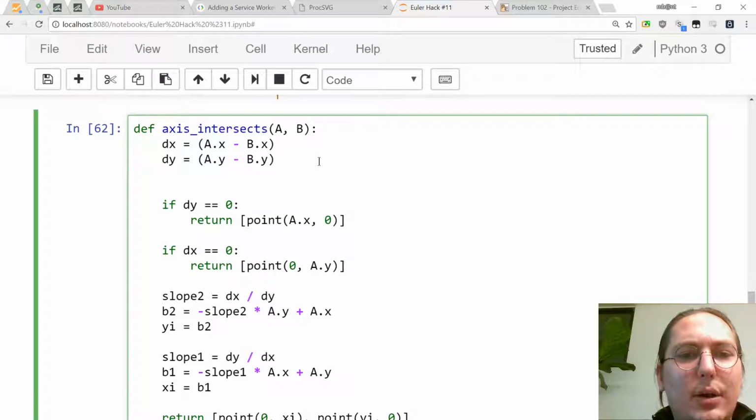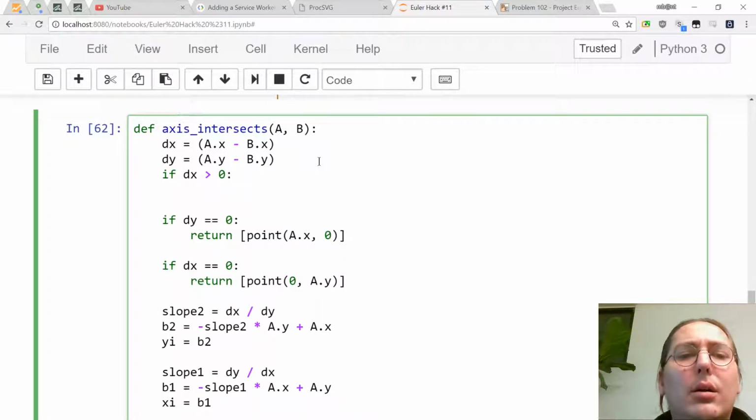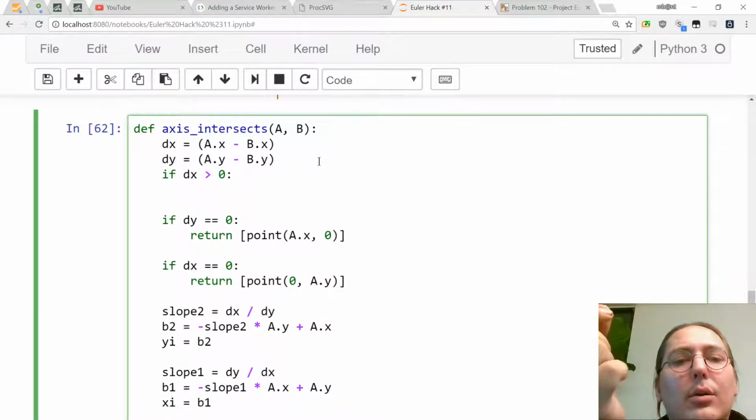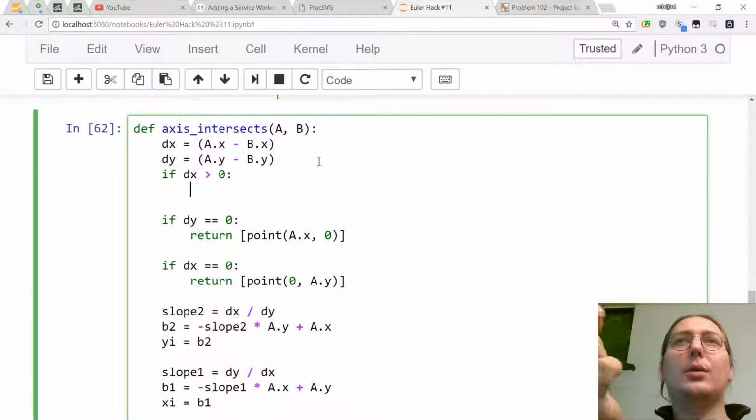Here we have dx and dy. So if dx is greater than 0, then... we check also if dy is equal to 0, well, later.